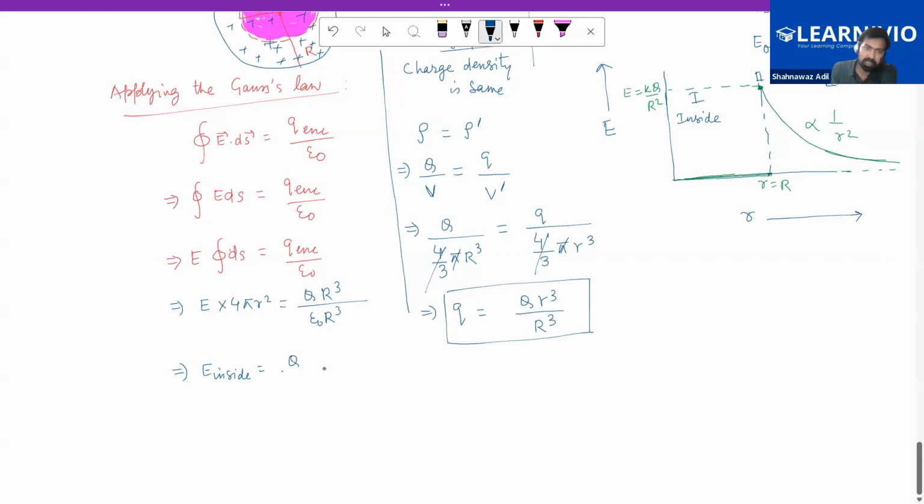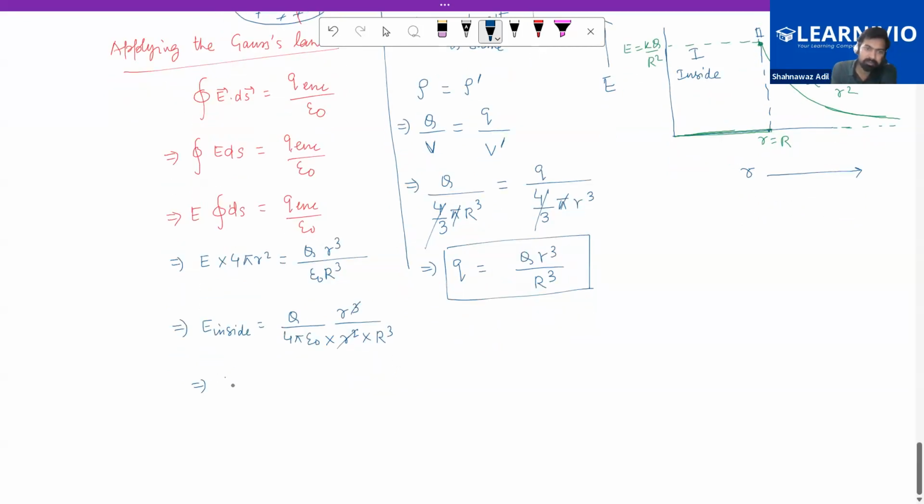This is Q by 4 pi epsilon naught, and this is a smaller r, and then R square, and then R. So this one will cancel. And E inside would be how much? That would be 1 by 4 pi epsilon naught, Q by R cube, and r.